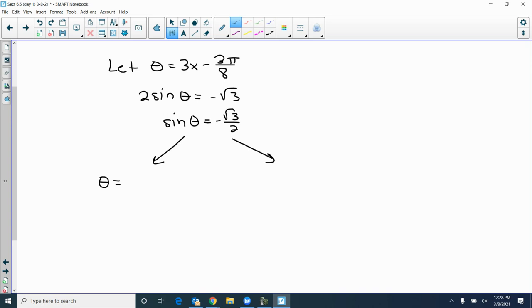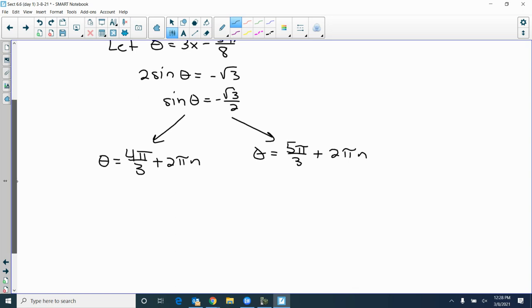In terms of radians, 4 pi over 3 and 5 pi over 3. So I got theta equals 4 pi over 3 plus 2 pi n and theta equals 5 pi over 3 plus 2 pi n.